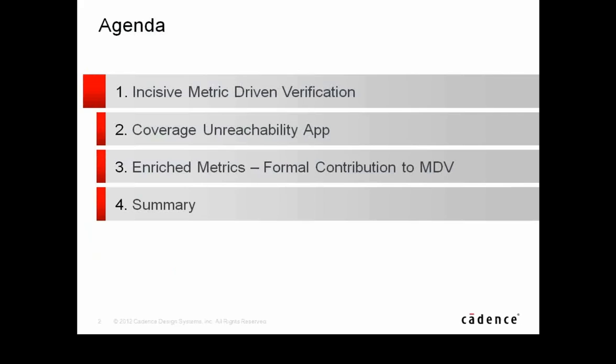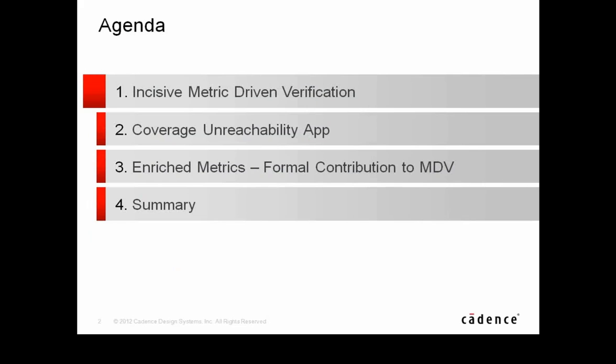The focus of my presentation here is how formal can play in the overall verification management and planning cycle, how you can take formal results and formal contribution into your overall metric-driven flow.